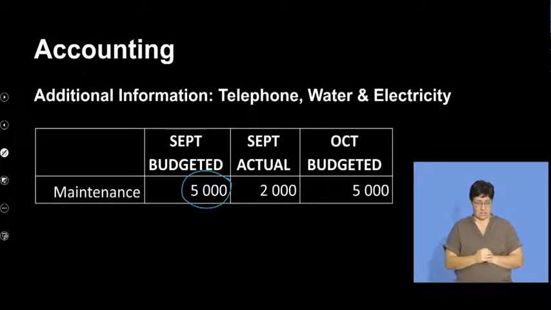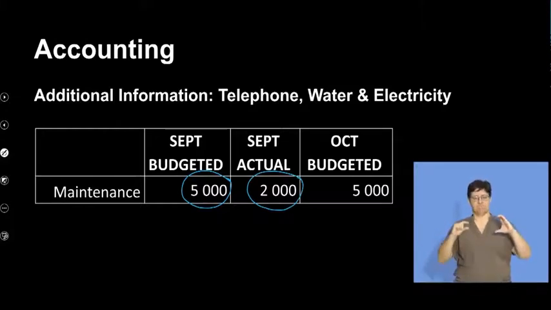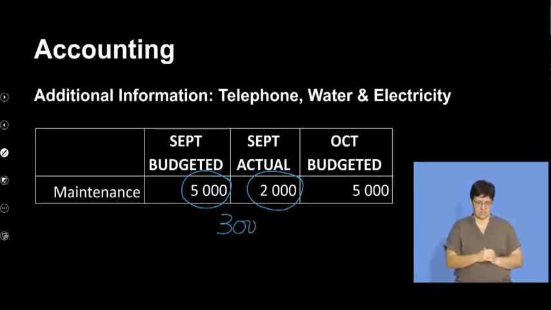Your actual spend on this budget was 2,000 Rand. Although it's a positive variance, you can see she did not use the entire maintenance budget. There was a positive variance of 3,000 Rand.